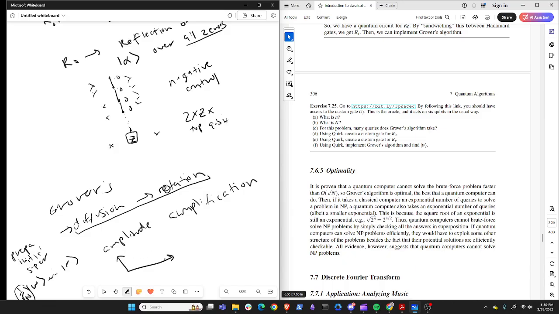In vector terms, this is a span between W and R, which is the superposition of all non-marked states.